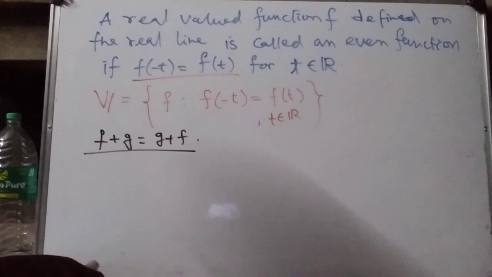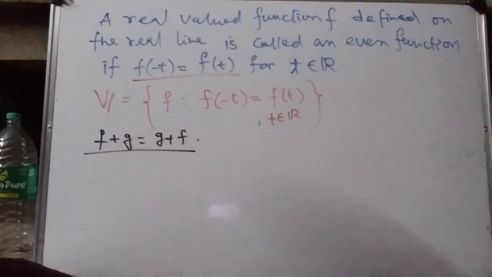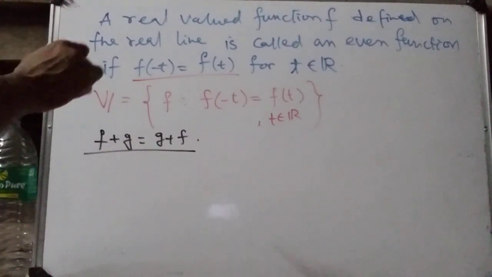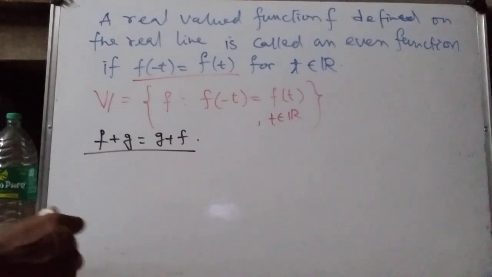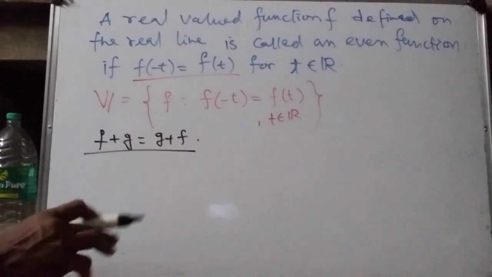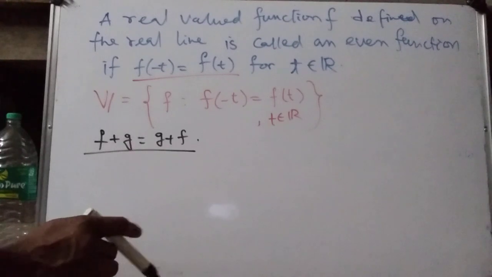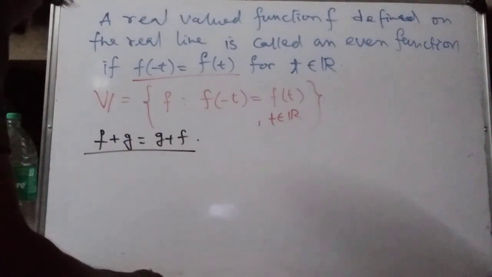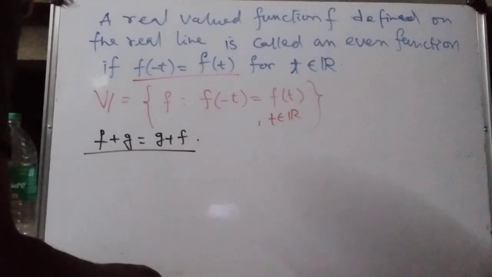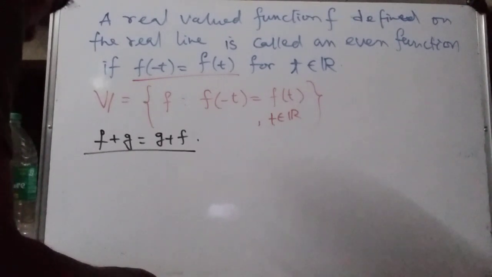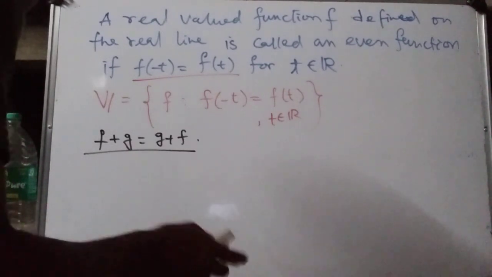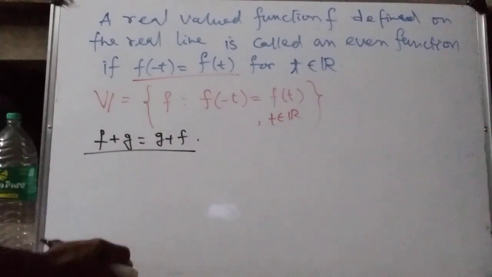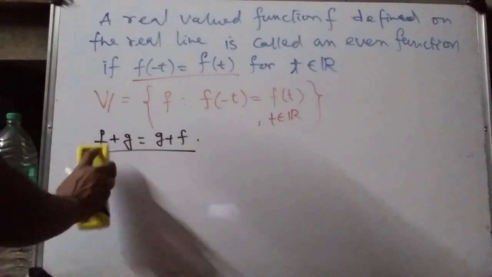We also discuss in this way, very easily, that f plus 0 equals f, and in this way we have done everything, and 1 multiplied by f equals f, so these conditions are satisfied. Then this is a vector space with respect to addition and scalar multiplication.